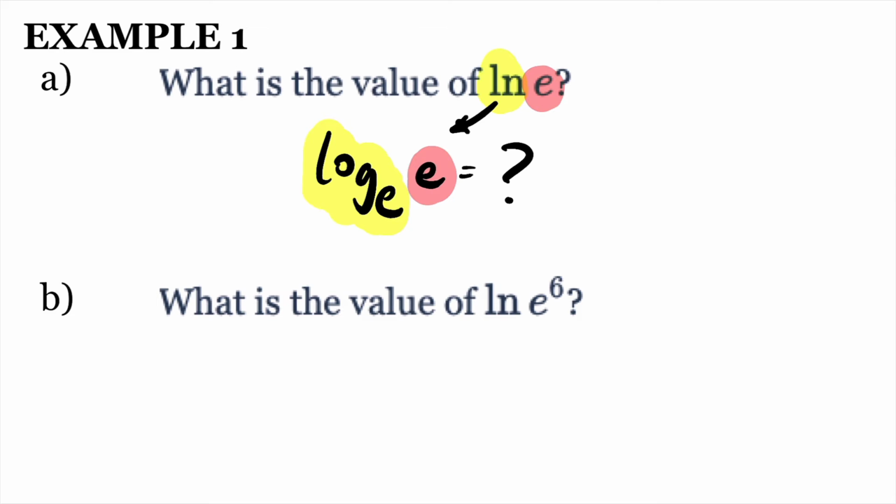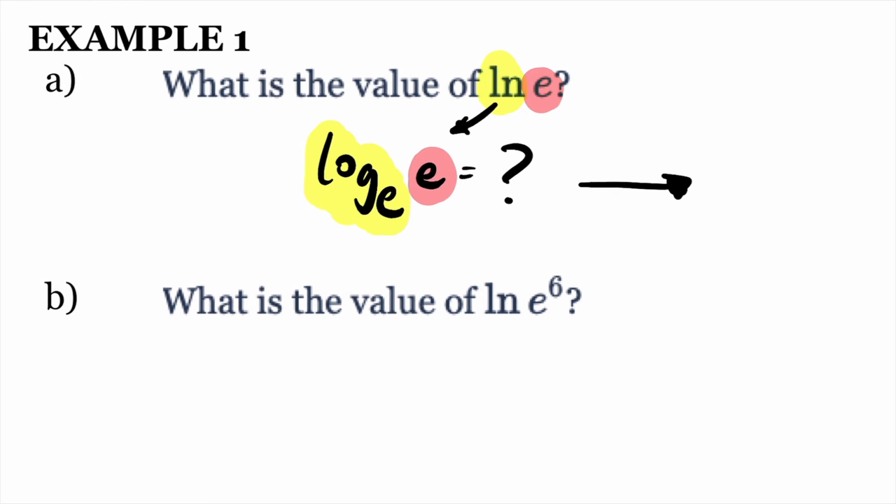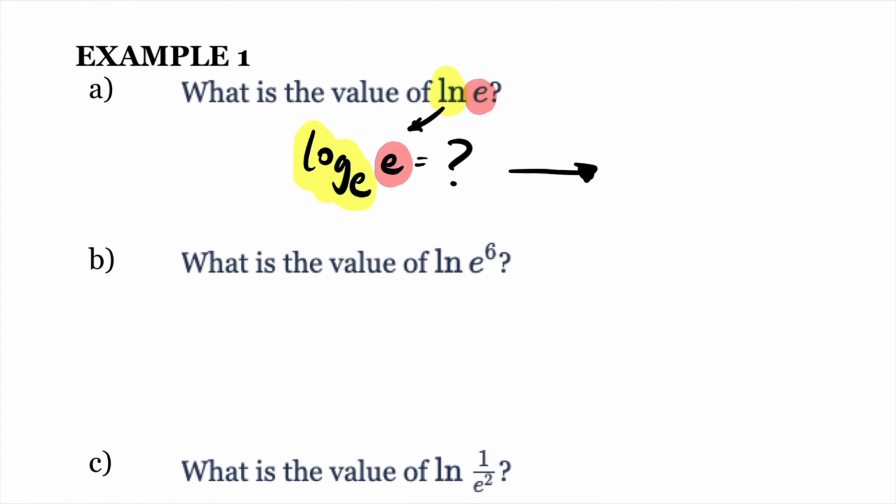Once you do that, change it to an exponent. Use the color coding system, the blue, the red, or the green, or you can use the loop trick that we did. That works as well. Either way, what this means is e to what power makes e?